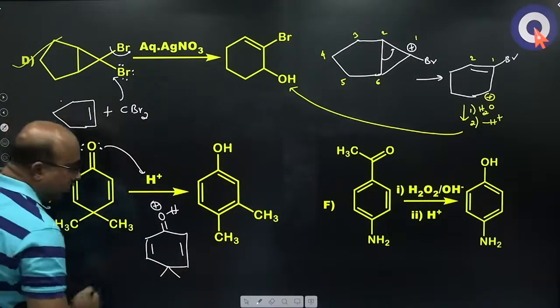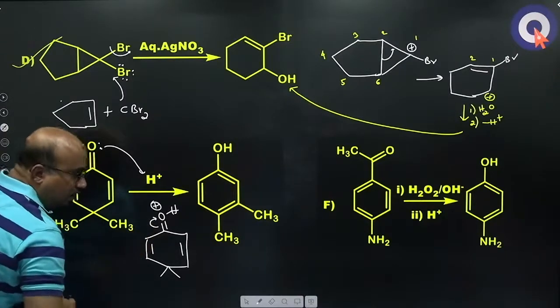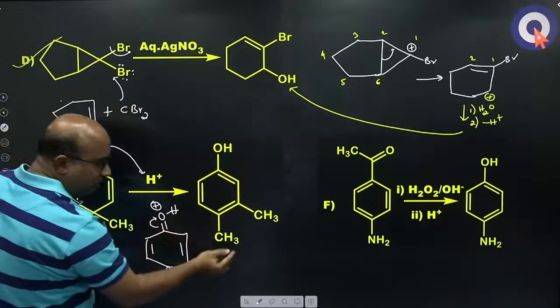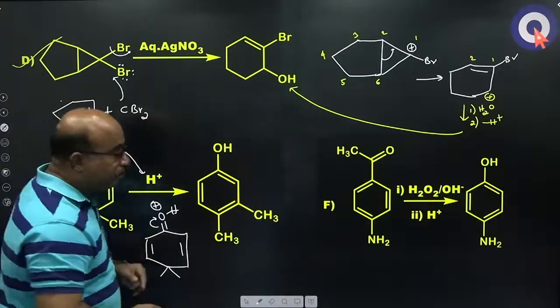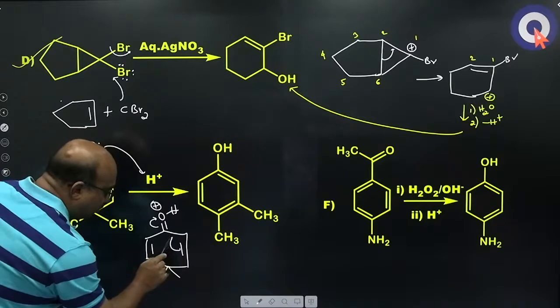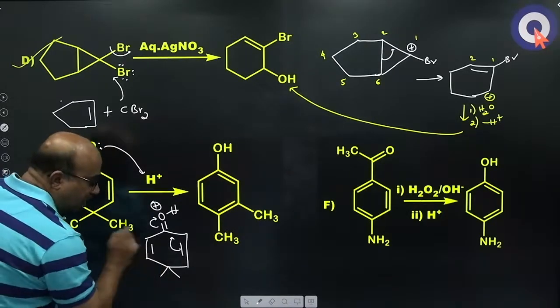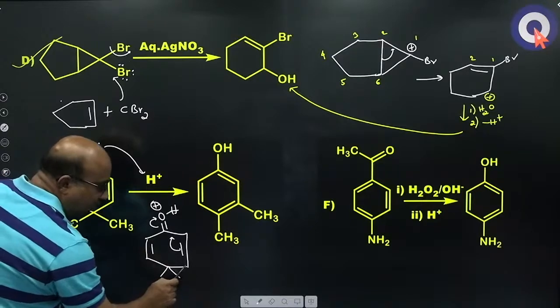CH3s. But the pi bond will shift like this. Simultaneously, you see whether this is forming or not. So this pi bond also can shift like this. When this pi bond shifts here, then a positive charge is created here.